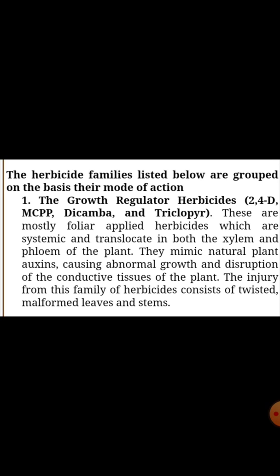The first family of herbicides is the growth regulator herbicides: 2,4-D, MCPP, dicamba, and triclopyr. These are mostly foliar applied herbicides.